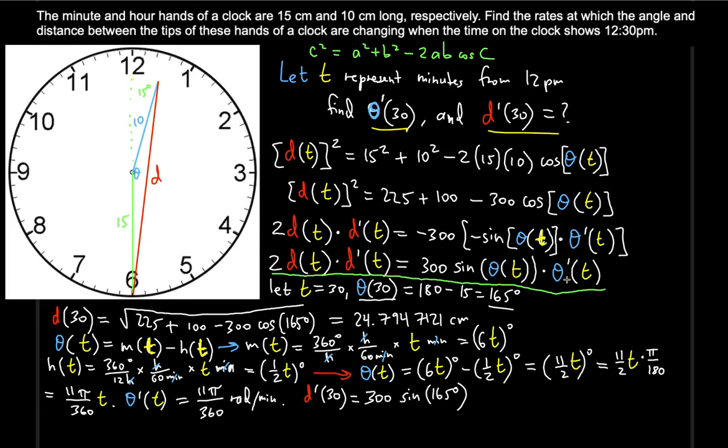And then theta prime of 30 will be the constant, so 11 pi over 360. And that has to be divided by twice the distance at 30. Now, twice the distance at 30 is what? So twice the distance at 30, which is 24.7947121, right?